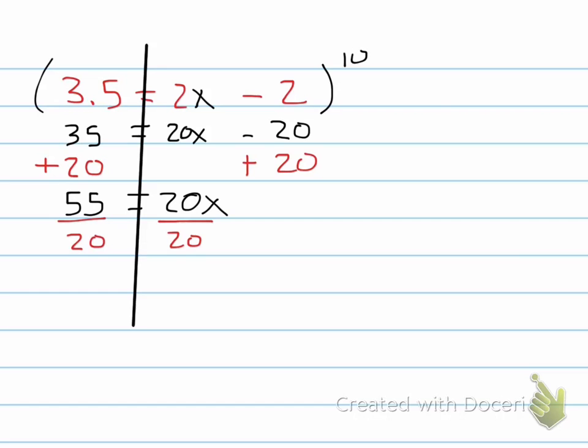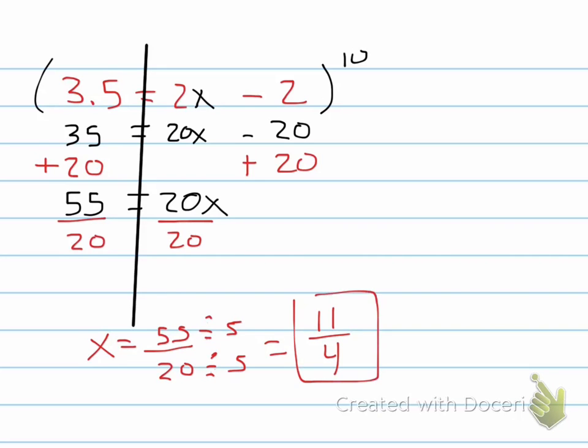So x will equal 55 over 20, but we have to reduce this. So I could divide by 5. So this equals 55 divided by 5 is, okay, so this would be my answer. I'll pause here.